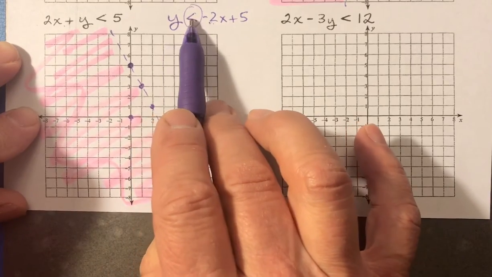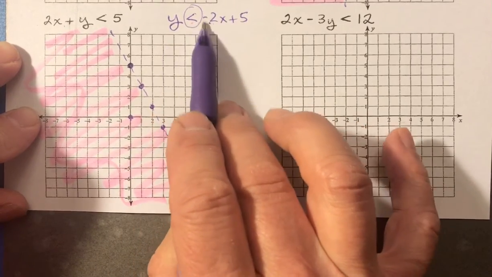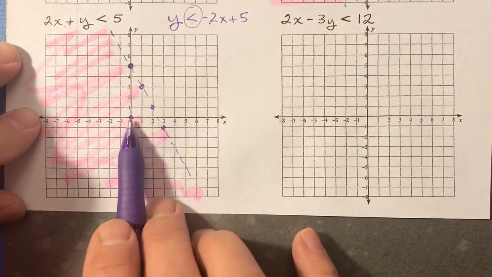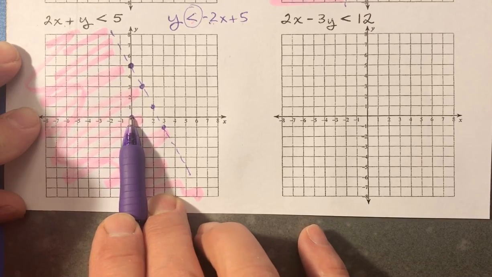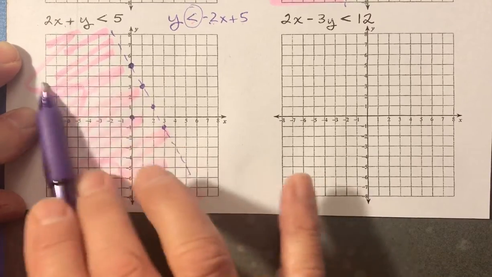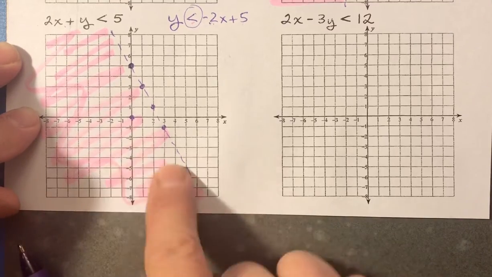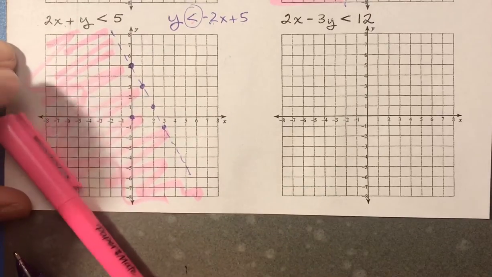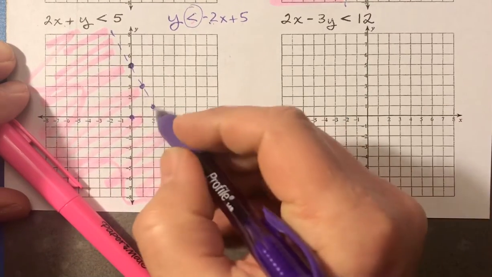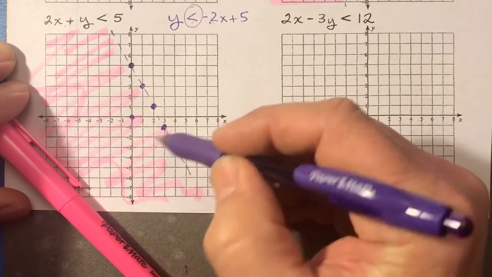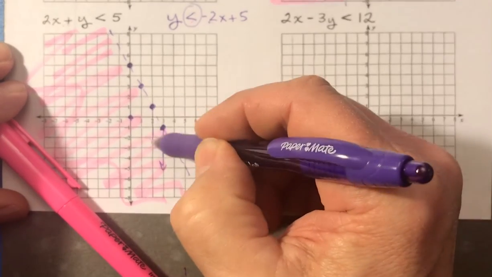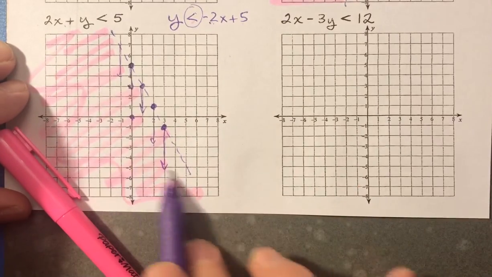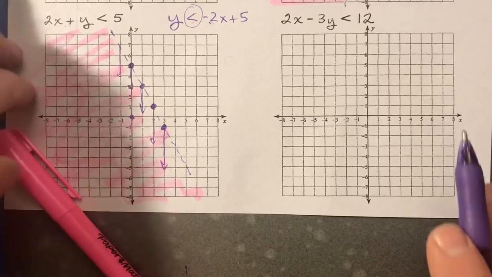Is 0 less than 0 plus 5? 0 is less than 5, so the origin, which has the coordinate 0, 0, should be in the shaded part, and we're going to shade below that line. Now, the steeper the line, the harder it is to tell above or below. But if you put your pen or your pencil on the line and you go straight down from each point, then you can often see where it is going to be shaded below.